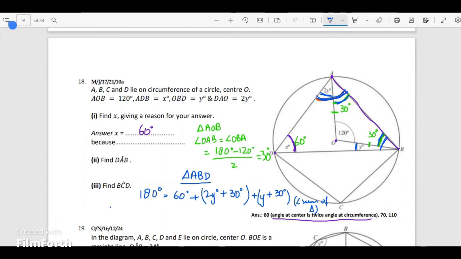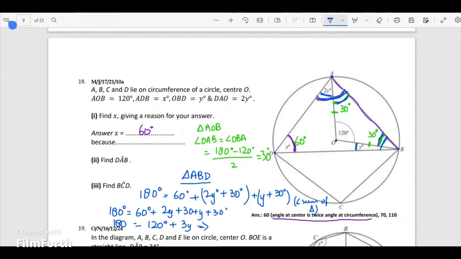Okay, so let's just solve this equation. I get 60 degrees plus 2y plus 30 plus y plus 30. So I get 90 plus 30, 120 degrees. 180 equals 120 degrees plus 3y.